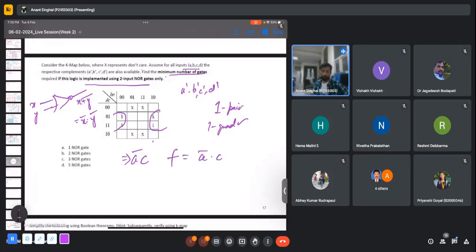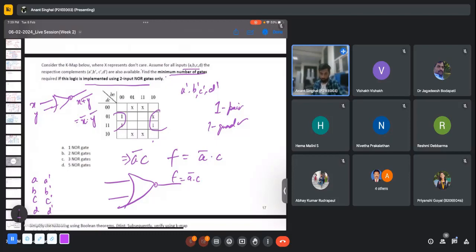And now you need to implement the same using a two input NOR gate, and everything is available as an input, A complement, B complement. You need to use NOR gate to get the output as A complement C. Some of you are saying it requires two, and some of you are saying it requires three.